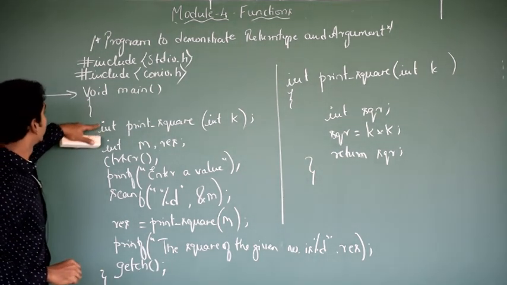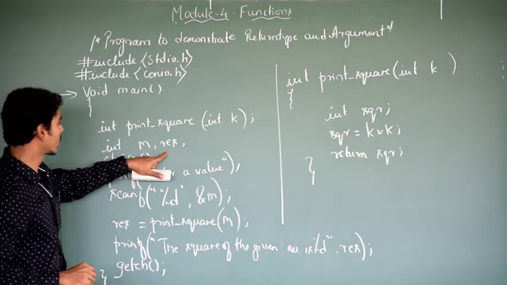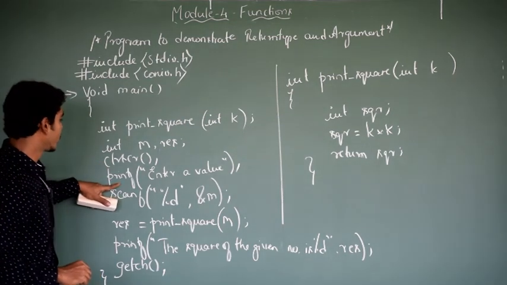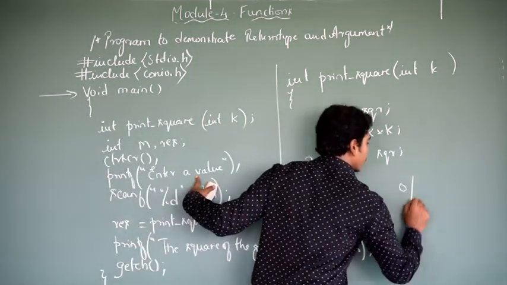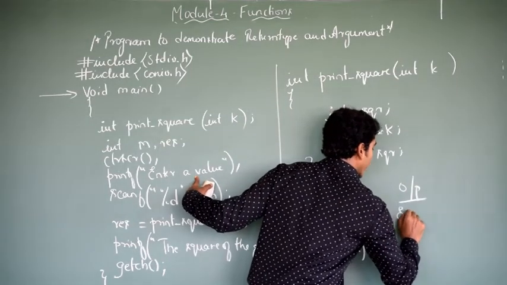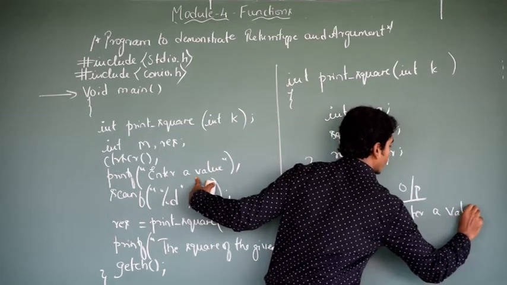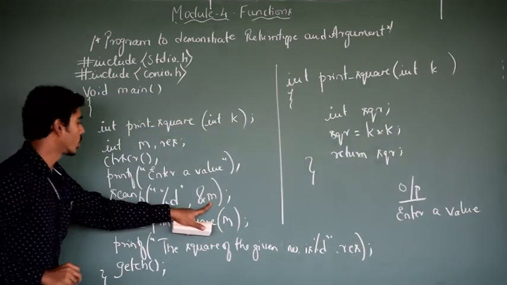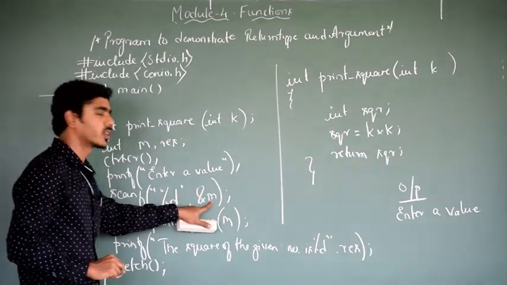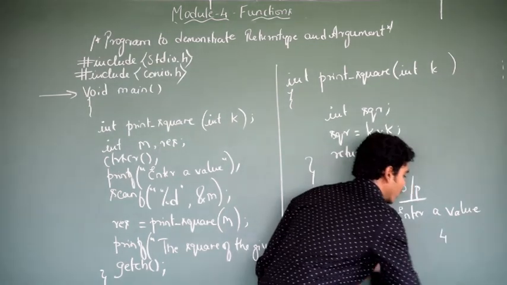So then I have the function prototype, then I have the variables declared, clearing the screen, printf function, enter a value. If I execute this program, I am going to get the statement as enter a value. So if I enter a value, that value will be stored within the variable at the address of m in the RAM memory. So let me enter a value, say 4.